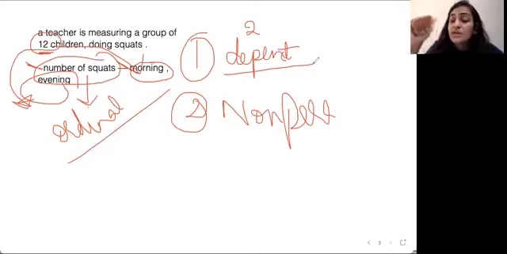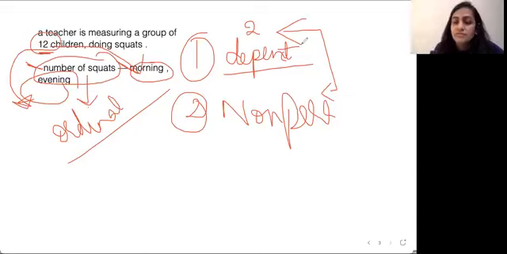Based on the table that we did previously, what is 2 dependent groups with non-parametric? It's going to be Wilcoxon signed ranks test.